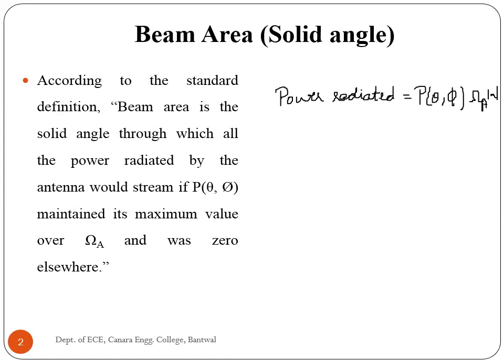The radiated beam of the antenna comes out from an angle at the antenna known as solid angle, where the power radiation intensity is maximum. This solid beam angle is termed as the beam area. It is represented by omega A. It's a solid angle.